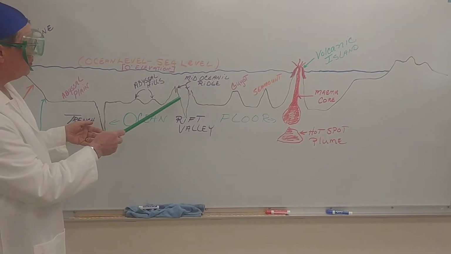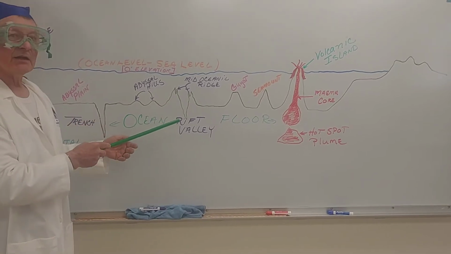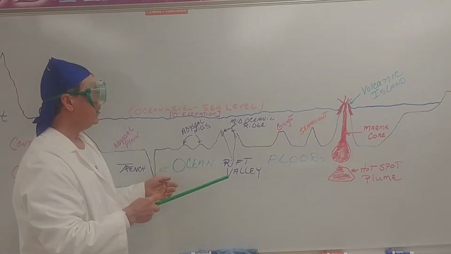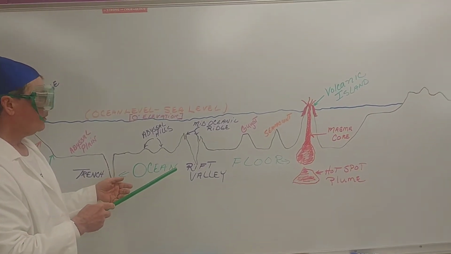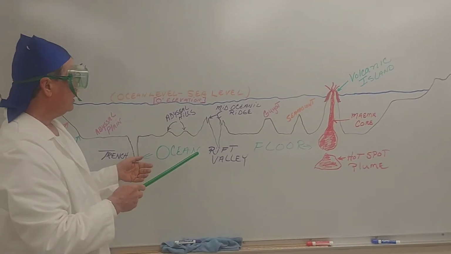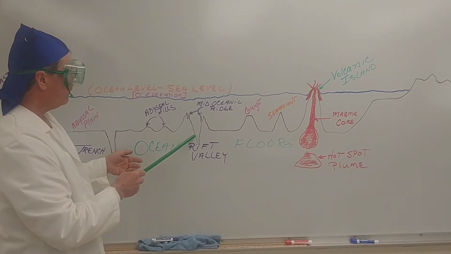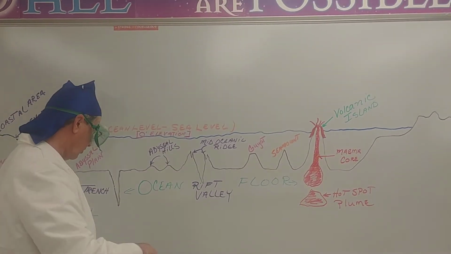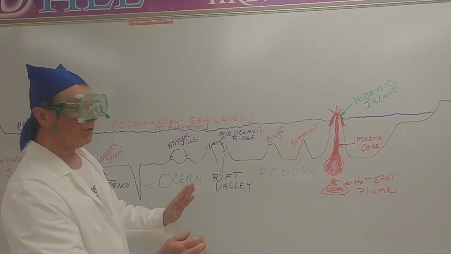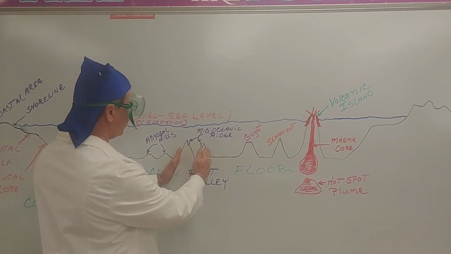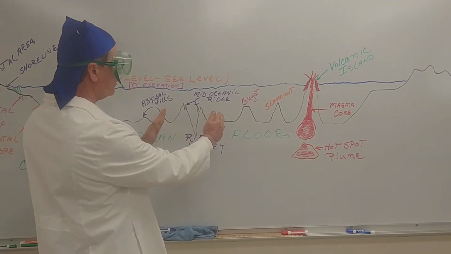And then you've got areas in the middle of the Atlantic, a real common one, the mid-oceanic ridge there, or they call it the mid-Atlantic ridge. And you've got a lot of activity there. You've got what they call seafloor spreading going on, where these things are constantly being pushed out.